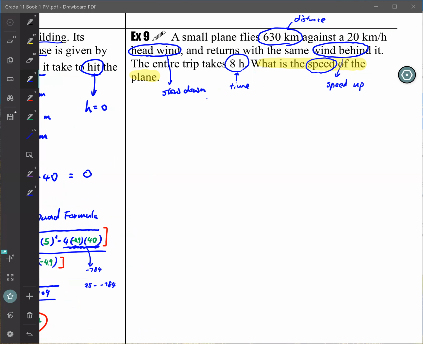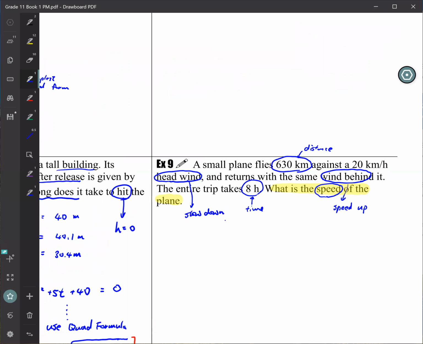A simple way to remember the formula is to think about the meaning of speed. When you see the speed limit in a school zone, I think it's 30 kilometers per hour. Let's say the speed limit is 30 kilometers per hour.